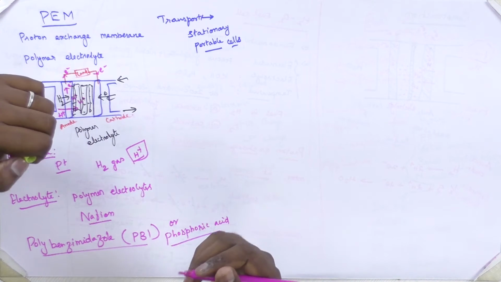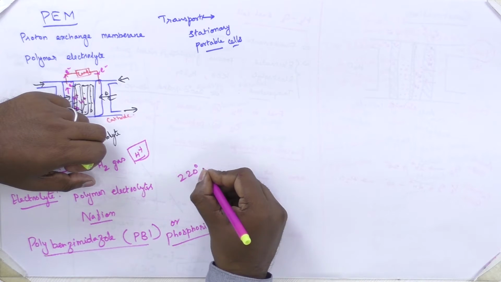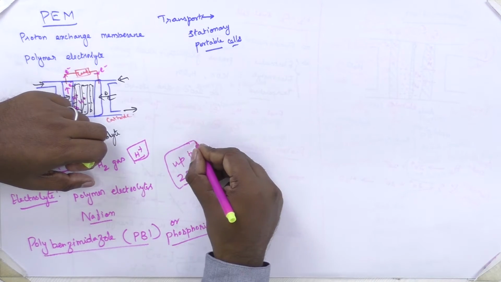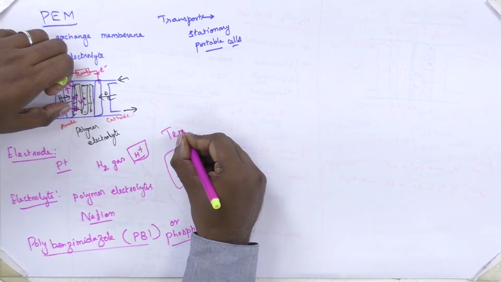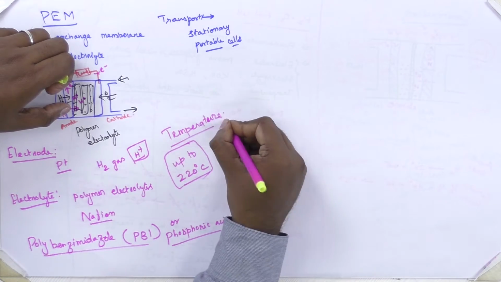By using these membranes, we can go up to 220 degrees Celsius as the operating temperature. So the usage temperature is also an important factor in these fuel cells.